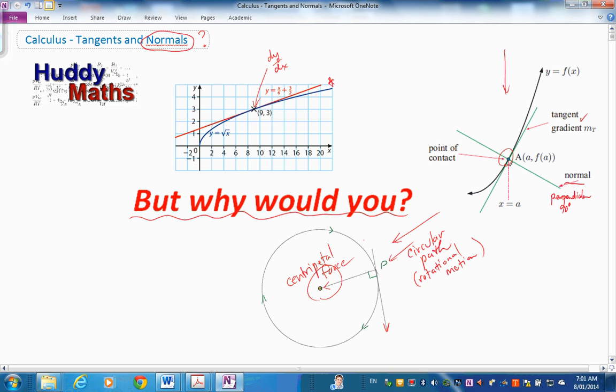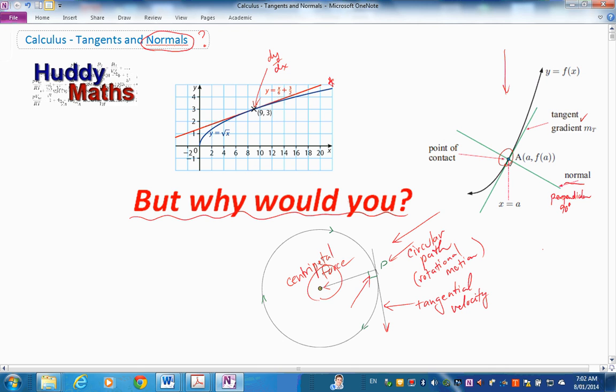Now, we're not going to do much of that. But that centripetal force is acting at right angles to the linear motion of the point P. And if you release that force, this would be the final path. The tangential velocity would follow this path here. It's the path that the body would follow once you release the force.